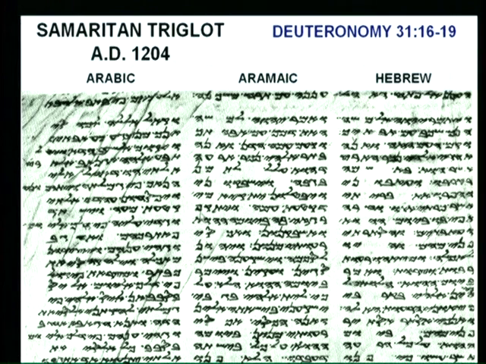And the same thing here. But when you get to the 3rd column, since that's the last column, the margin is not so important. Confusion is not going to happen because there's not a 4th. It's not a quadriglot. It's a triglot. It's got 3 translations there. So you have the Hebrew text, the Aramaic text, and the Arabic text written in Samaritan Hebrew script, which is an adaptation of the Paleo-Hebrew script.